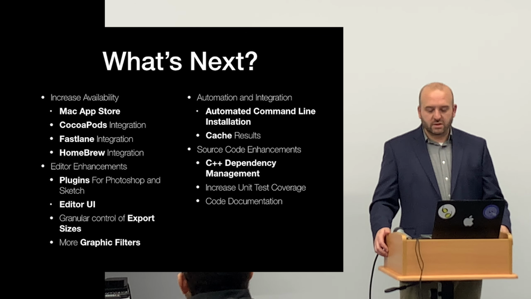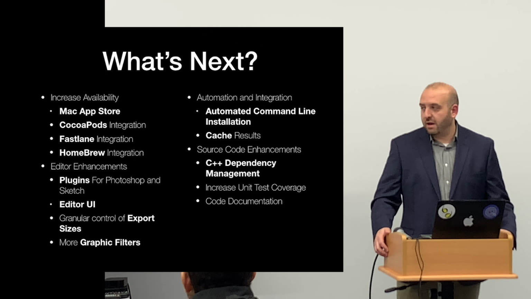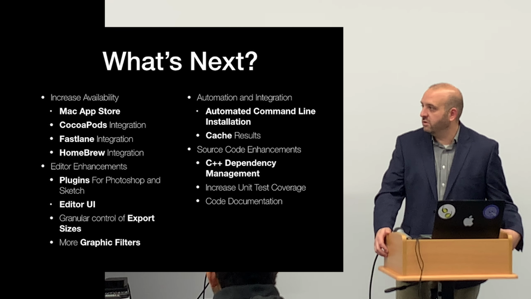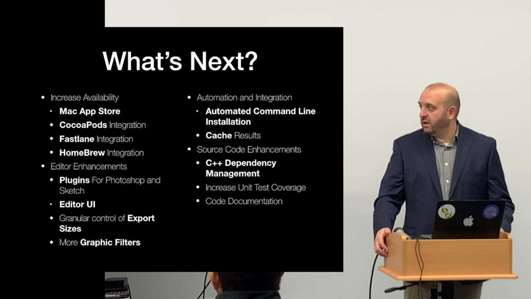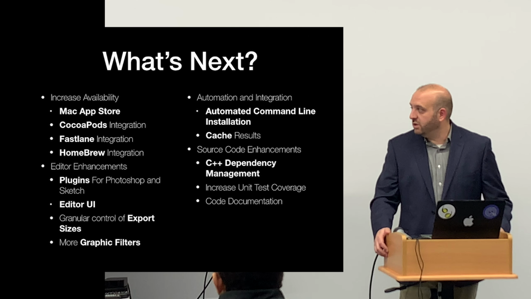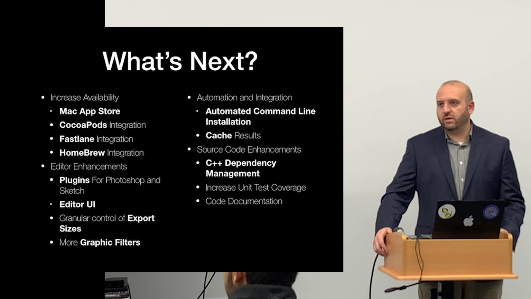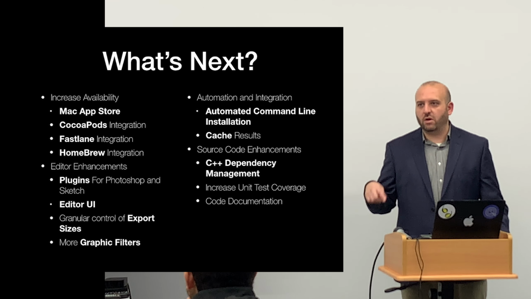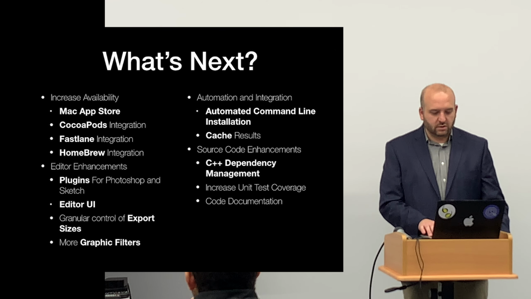Plugins for Photoshop and Sketch and an editor UI, since the JSON format might not be intuitive for some people. Sometimes people want to export different sizes using different SVGs, maybe adding some graphic filters, automating the command line installation rather than having people manually copy the command, caching results so that it doesn't actually export the graphics if they already exist, managing the C++ dependencies, increasing unit test coverage, and code documentation.